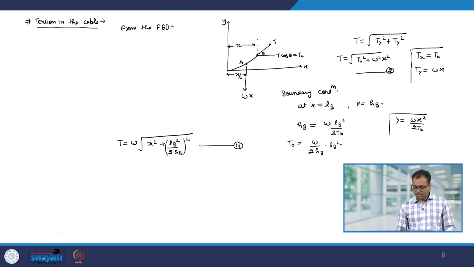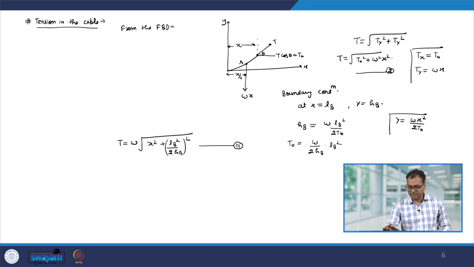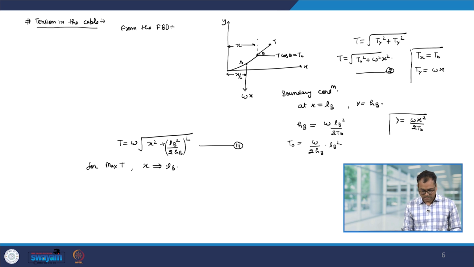Now, you can see here for T max my x has to be maxima, and what is the maximum value of the x here? The maximum value of the x is LB. So, from here I can also find out what is T max. So, for maximum T my x should be LB.